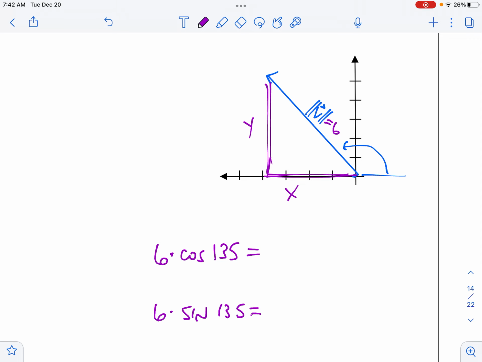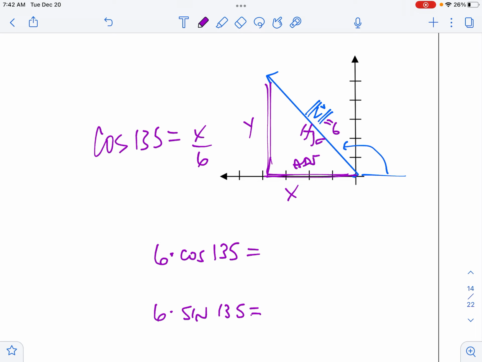If you need a step before that, it would be the cosine of 135 equals x over 6, right? Adjacent over hypotenuse. It all goes back to geometry.